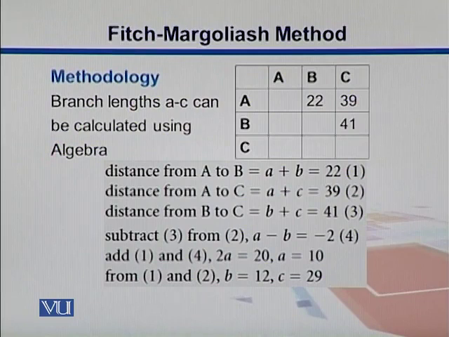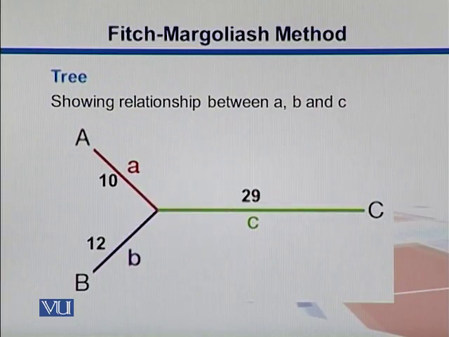So we found a. Now we can plug this value of a into any of these equations 1 and 2. We can come up with the value of b is equal to 12, whereas the value of c is equal to 29. So we take all these branch lengths, and we can come up with a tree where we can have A connected with B through an internal node and with C also.